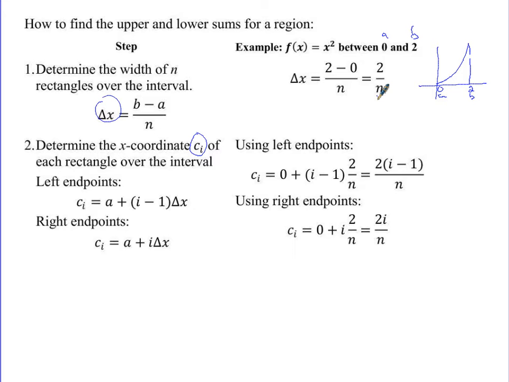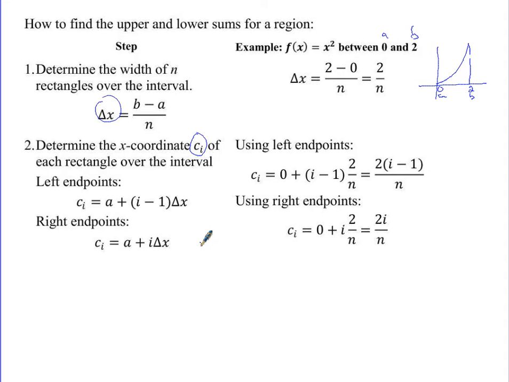Each left endpoint, I'm going to call c sub I. The reason I'm calling it c sub I is because I'm going to set up a summation where I equals 1, meaning rectangle 1, and then I will count rectangle 2, rectangle 3. So c sub 1, c sub 2, c sub 3. Okay? So I have to use this general notation in order to let me do that. So, determine the x-coordinate c sub I over each rectangle over the interval. I have left endpoints and I have right endpoints. So these are your c sub I equations for left endpoints and right endpoints.